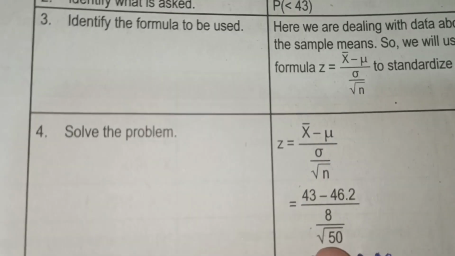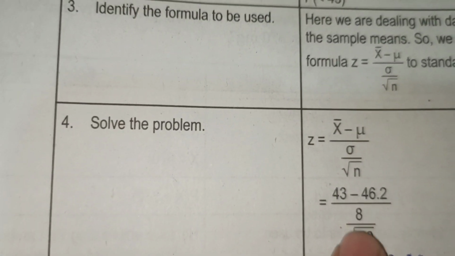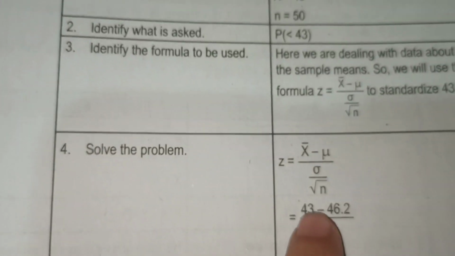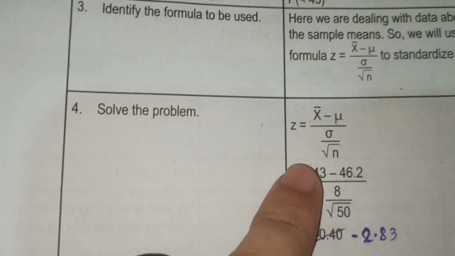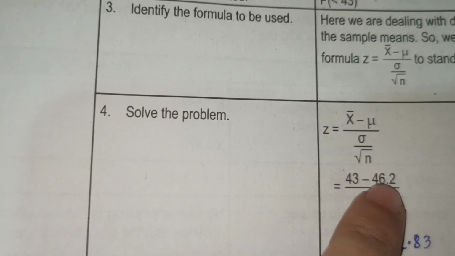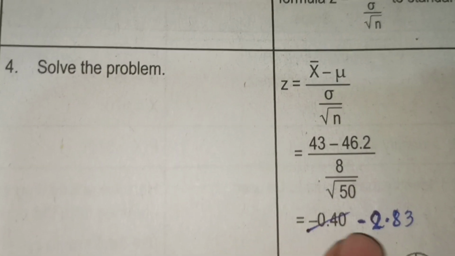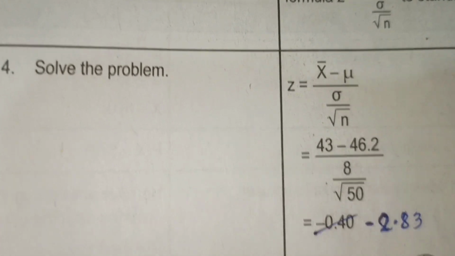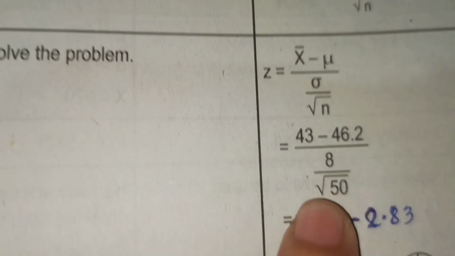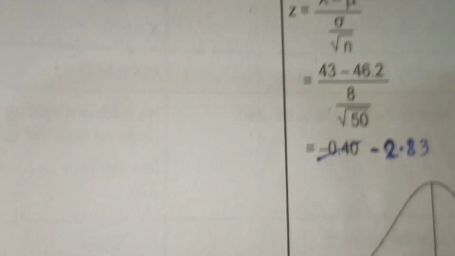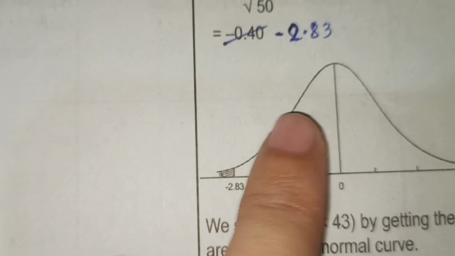If we're going to solve that, solve niyo muna ito sa ibaba, 8 divided by the square root of 50, tapos minus niyo rin to, 43 minus 46.2, divide niyo dun sa sagot niyo dito, the answer is negative 2.83. Negative 2.83 siya.